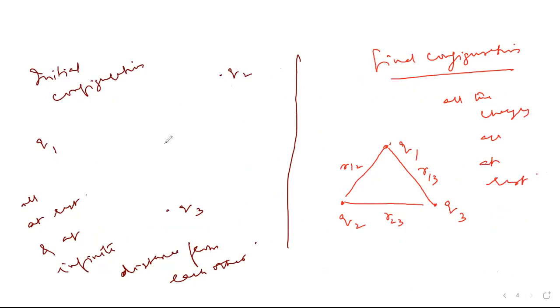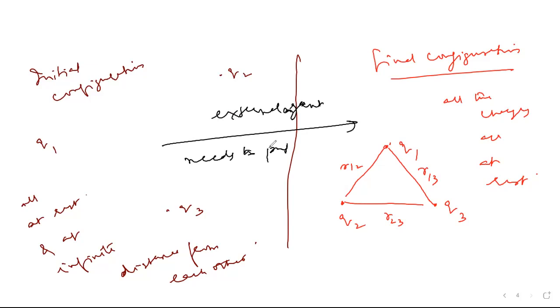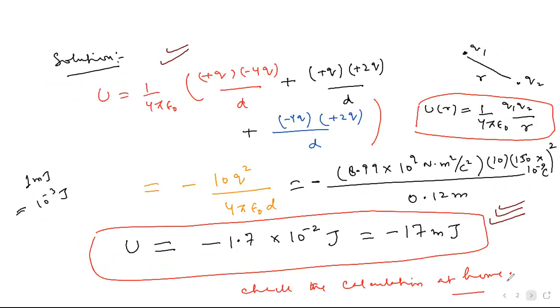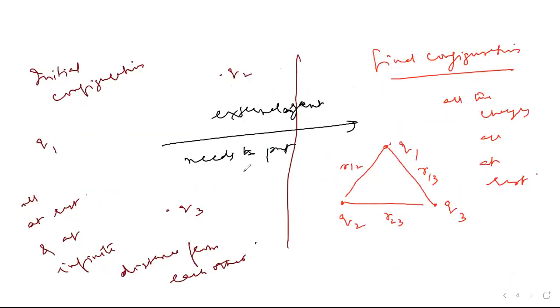Now the external agent needs to put in minus 17 millijoule of work to change this configuration from initial to final, right?